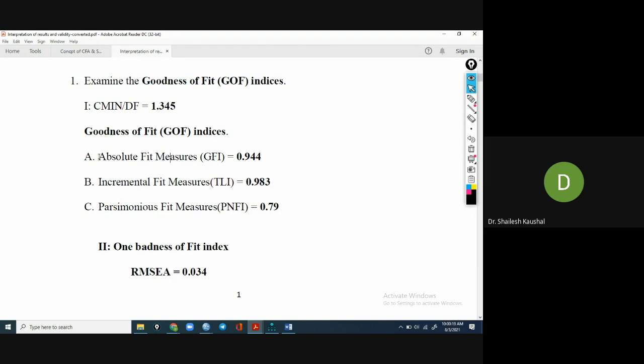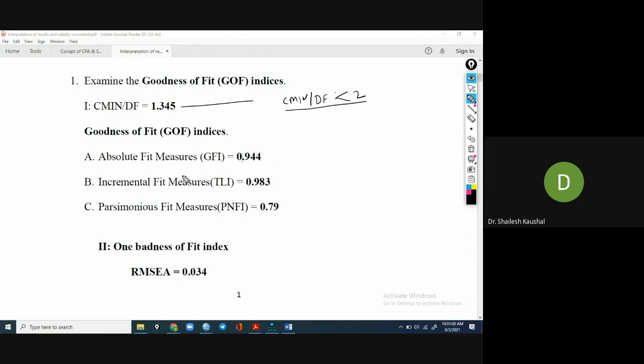The absolute fit measure value should be greater than 0.95. All these values we will obtain from the Amos output. The first is CMIN by degrees of freedom, which should be less than 2, and ideally it should be less than 2. If it is less than 2, then it's okay.